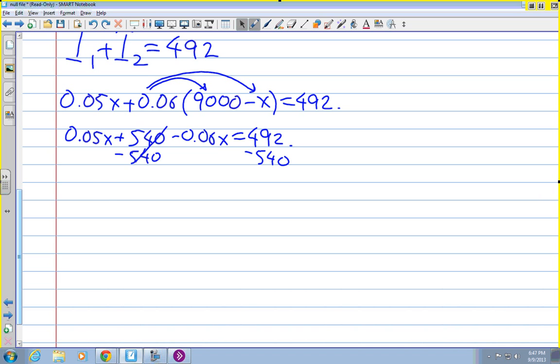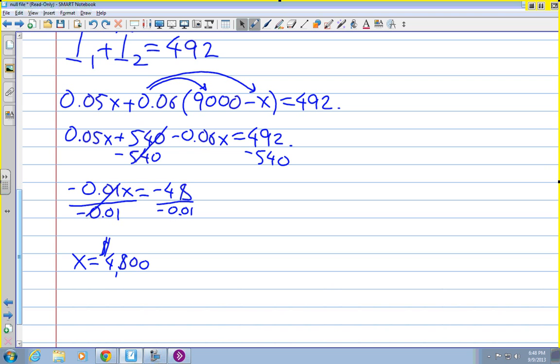So 0.05 minus 0.06 is negative 0.01x equals, looks like negative 48. Okay. And divide both sides by negative 0.01, we get x equals 4,800. So that's how much was borrowed at 5%.